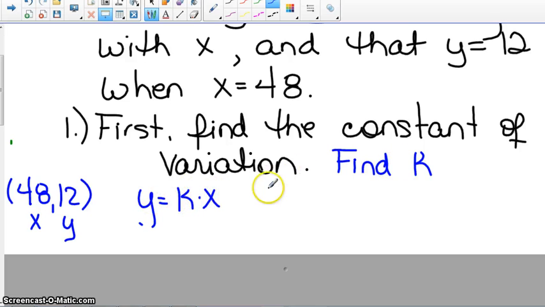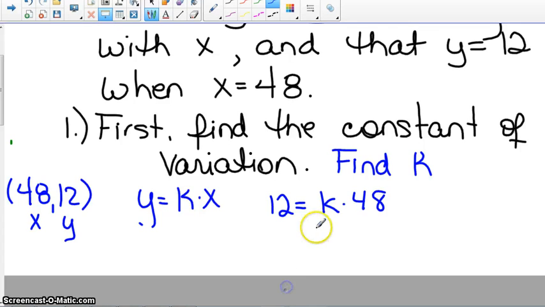To find K, we just fill in the values. So we have 12 is equal to K times 48. And we can solve that by dividing both sides by 48. So K equals 12 over 48, which is 1/4. So K is 1/4.